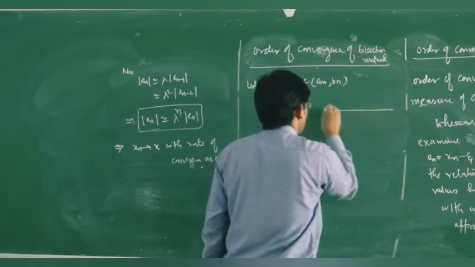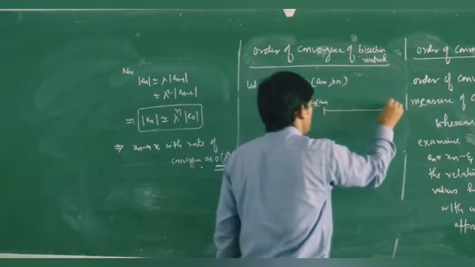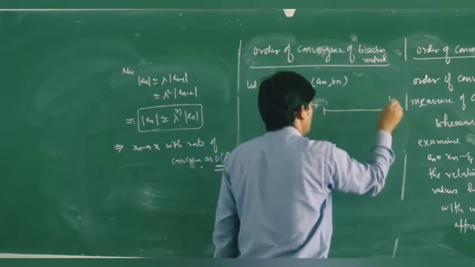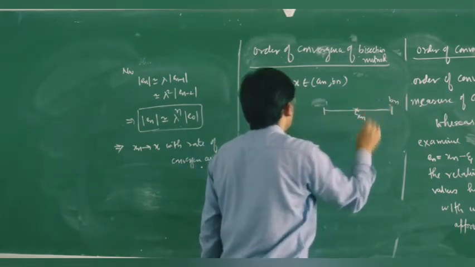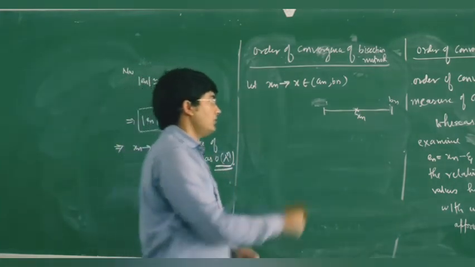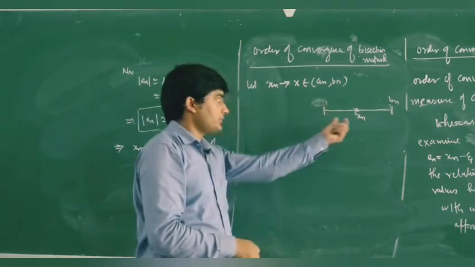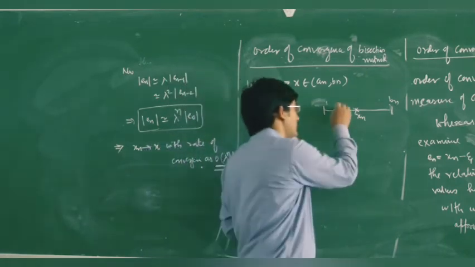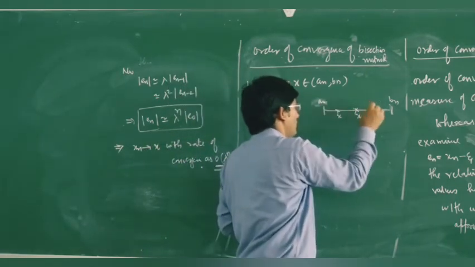Say this is an and this is bn. In the nth iteration, as our sequence is converging to x, this x can be either here or here.